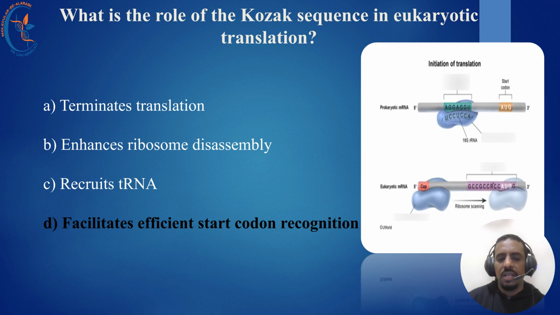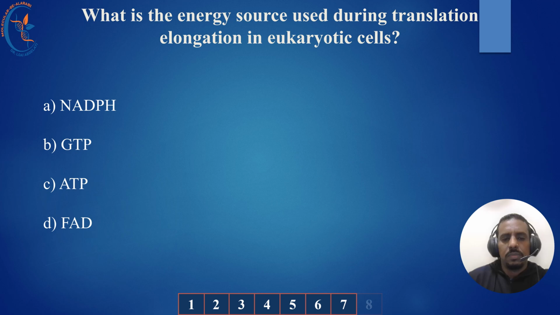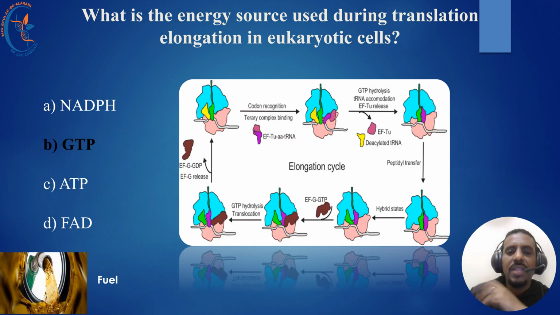All right, let's move on. What is the energy source used during translation elongation in eukaryotic cells? All right, the correct answer is GTP, or guanosine triphosphate.